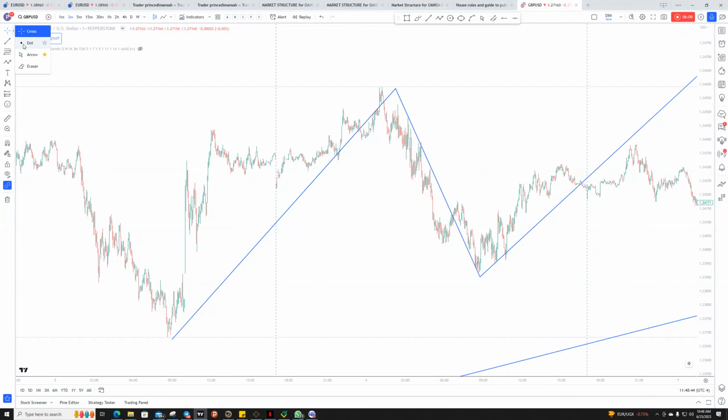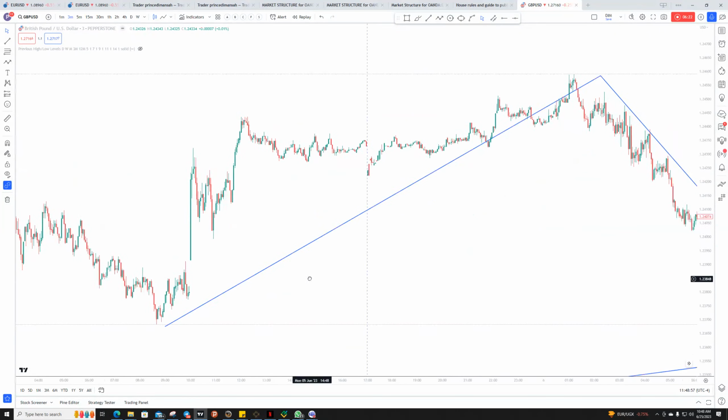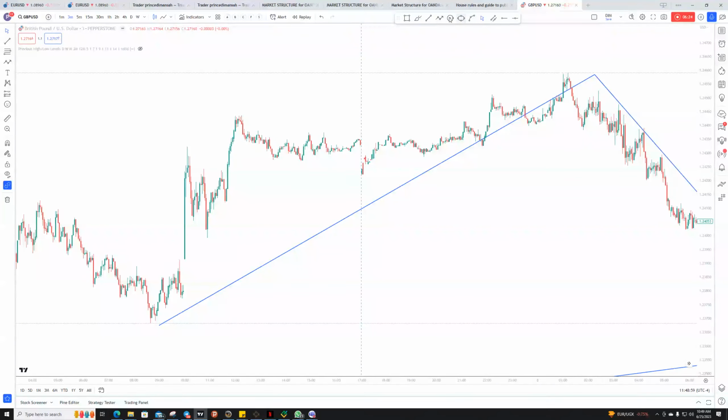What it did was the market started going up here. Okay, I want to open it so we can see all the moves inside. All right, this is what is happening in this market.